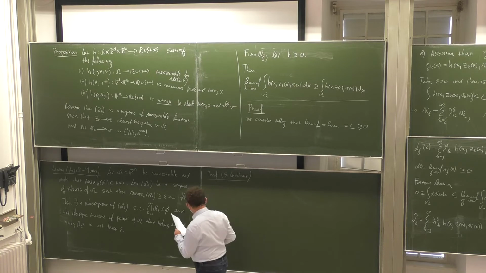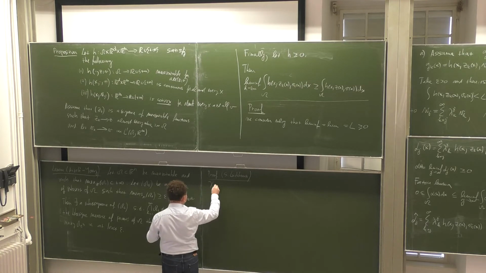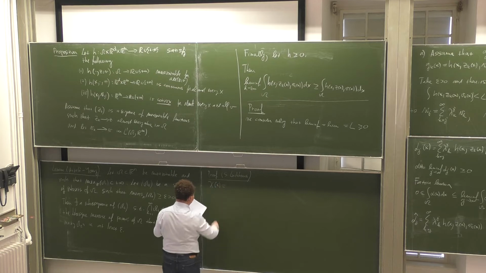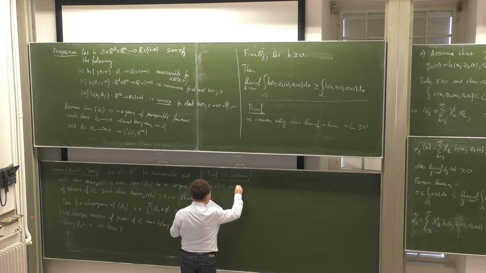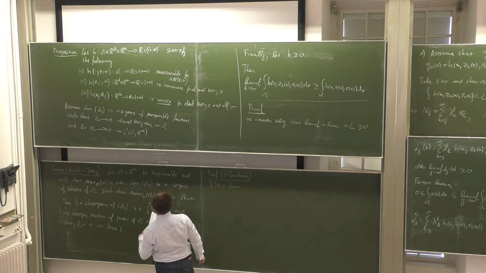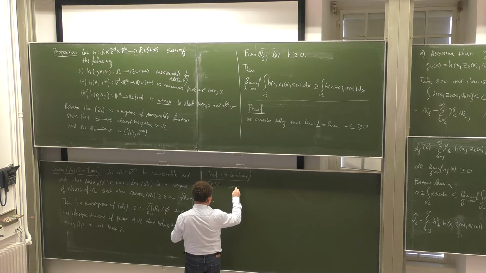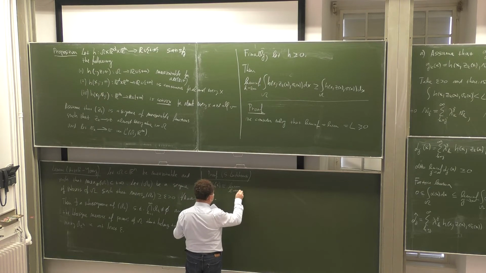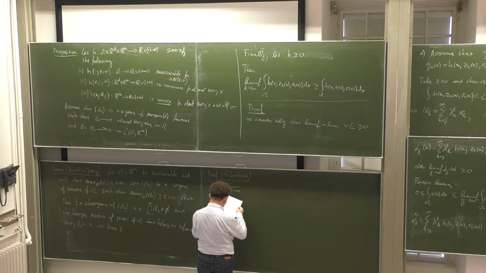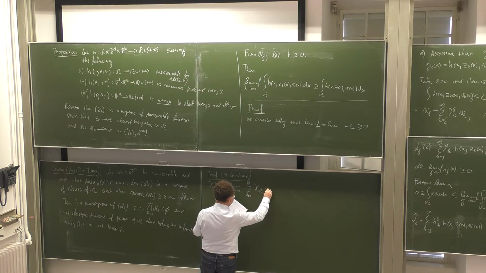So what you define, you take the characteristic function chi of x, and this is the limit for L going to infinity of the sum k equal 1 to L of the characteristic functions of omega_k of x.